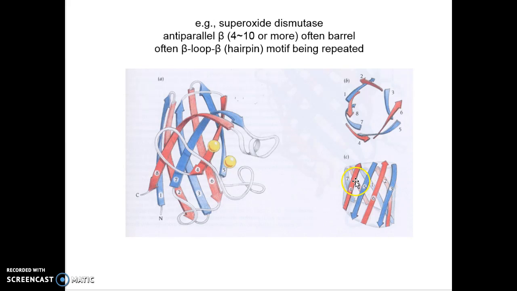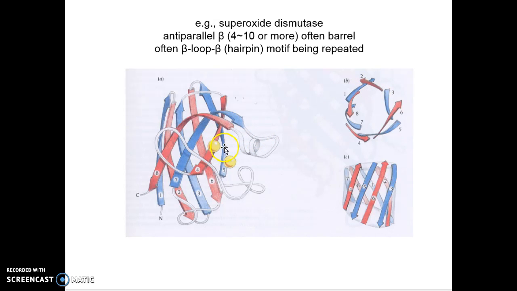You can see the neighboring two betas are anti-parallel. Okay, two layers, four betas in the front and the other four at the opposite side. This is the top view.